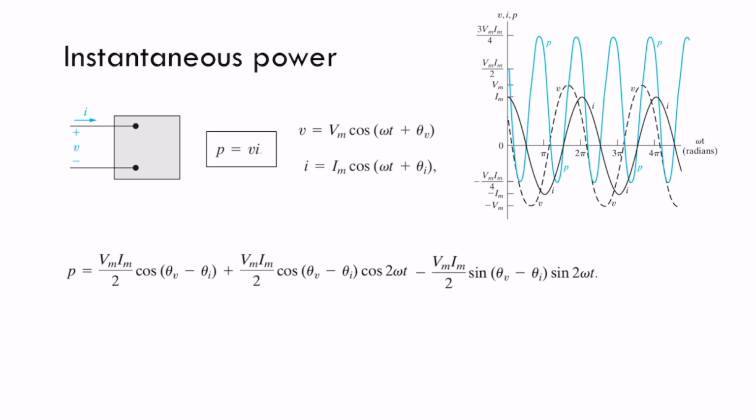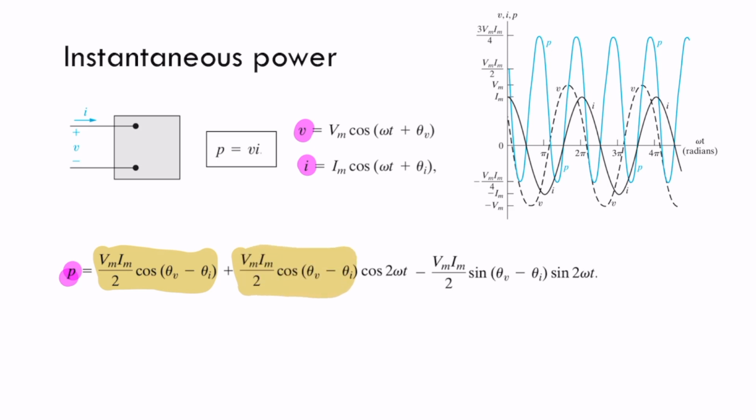I will do this multiplication for you, and then I will arrange terms in such a way, and I'm quite interested in the way that I will arrange these terms. So you can see that I'm multiplying V times I, so I will have this definition that I have here. I can observe that there are some terms which repeat, this one and this one.